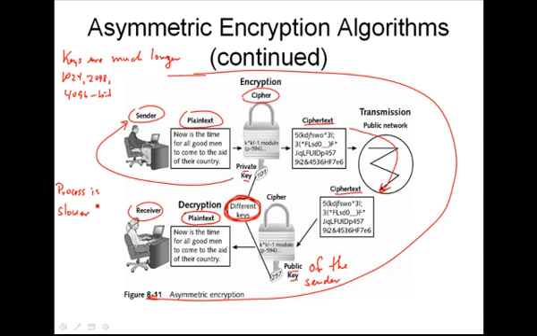So this is the way you'd send an encrypted message. And actually, this is not the way you'd send an encrypted message. This is the way you'd send a message that is verifiable, that it came from a certain person.